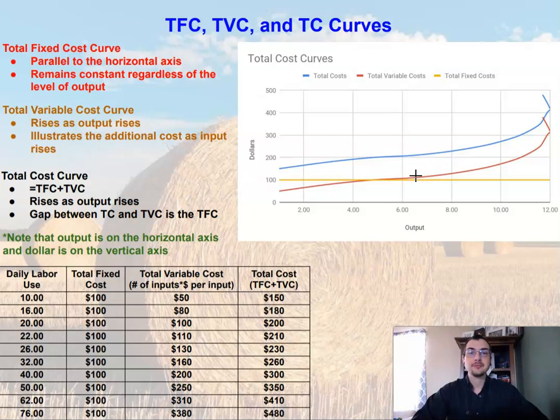The reason why is that for you to produce more, you've got to use more inputs, and as you use more inputs, it costs you more from the variable input standpoint. And because the total cost is equal to the total fixed cost plus the total variable cost, the TC curve and the TVC curve are going to be parallel to each other. They're going to be rising at a constant rate, and the gap in between those two lines is going to be your total fixed cost.